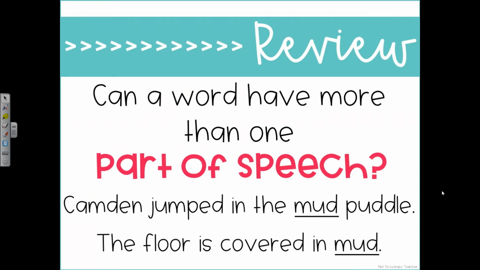But if you look in the top sentence, Camden jumped in the mud puddle. Mud there is describing the kind of puddle. So in that sentence, mud is being used as an adjective. But in the bottom sentence, the floor is covered in mud. Mud is simply a thing, so it's a noun. So yes, boys and girls, sometimes a word can have more than one part of speech.